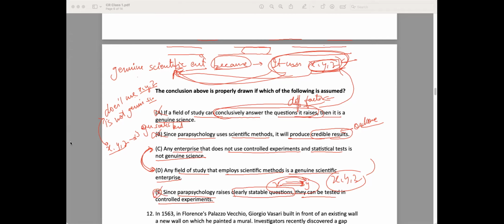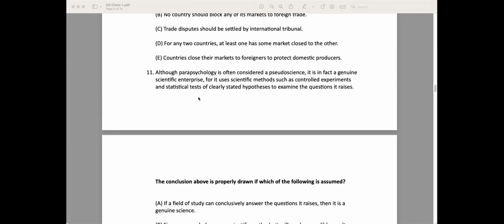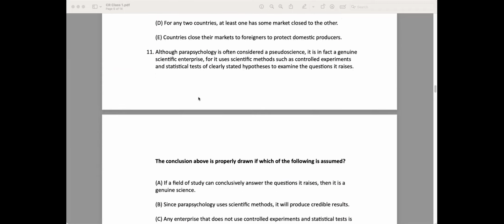Okay. Now let's see between C and D. Let's read the argument again if required. Although parapsychology is considered pseudoscience, it is in fact a genuine scientific enterprise because it uses scientific methods such as so and so.